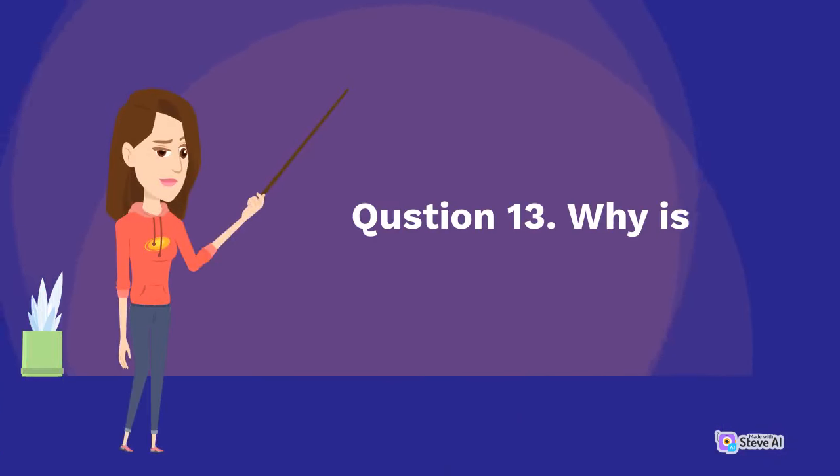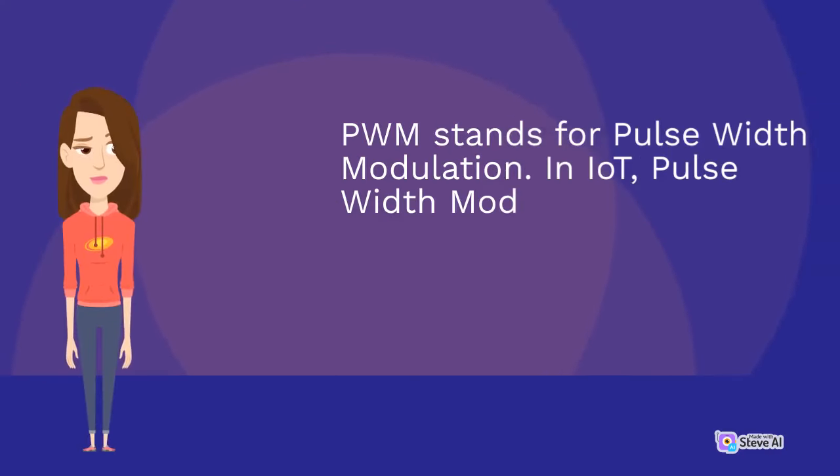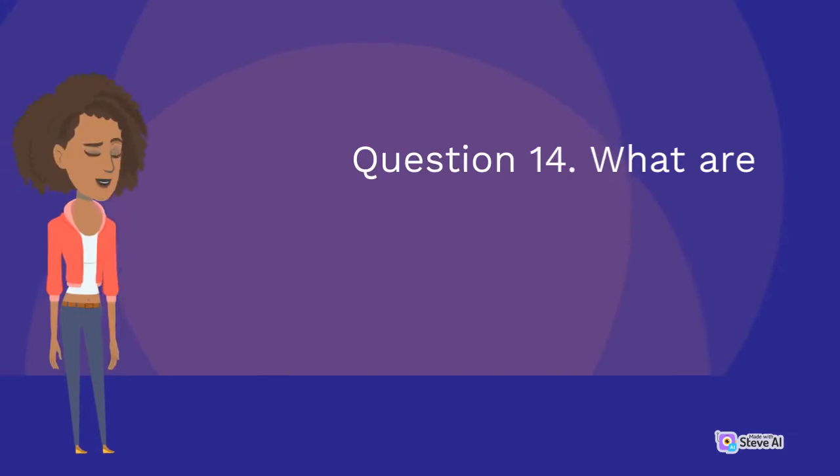Question 13. Why is PWM used in IoT? PWM stands for pulse width modulation. In IoT, pulse width modulation is mainly used to control the speed of the DC motor, control the direction of a servo motor, dim the LED, etc. Question 14.